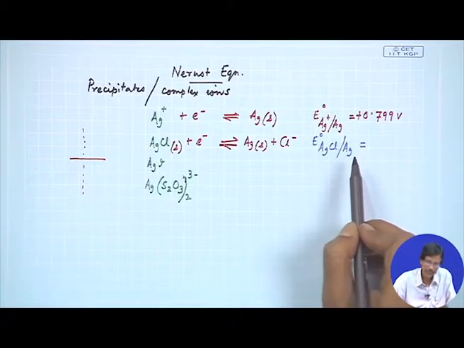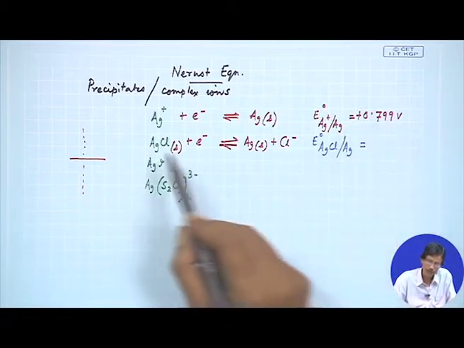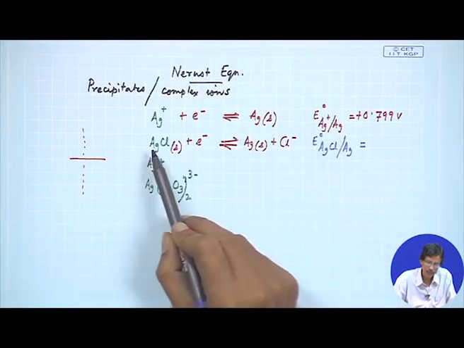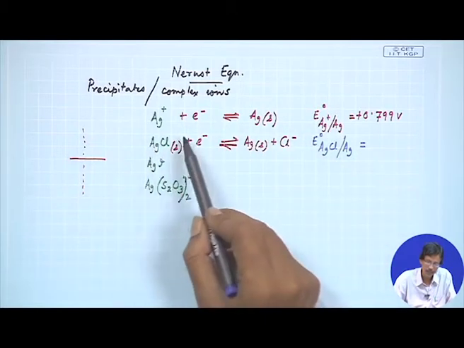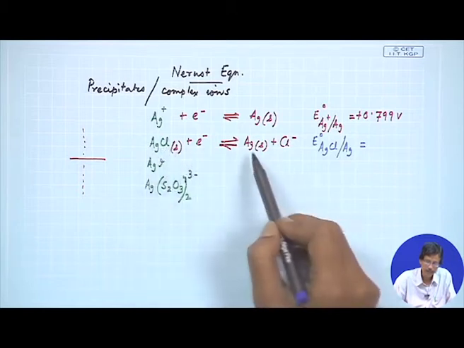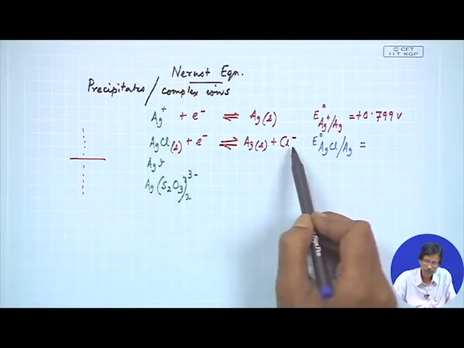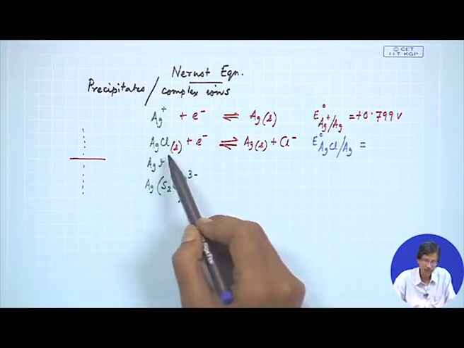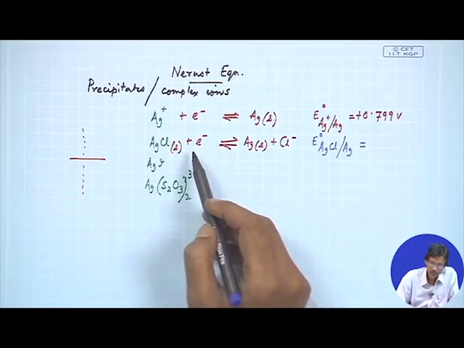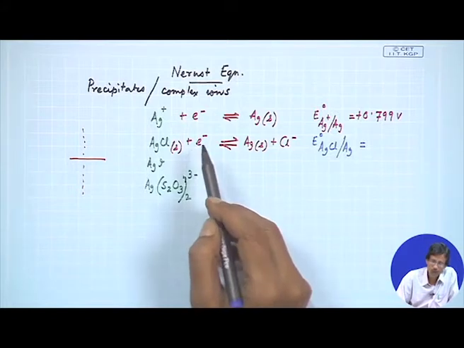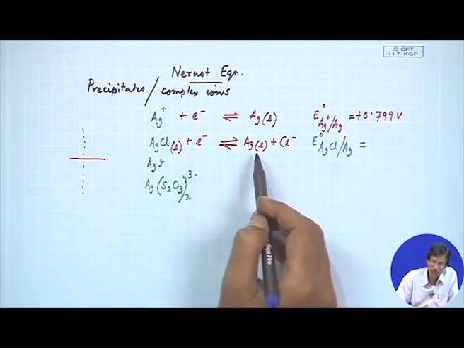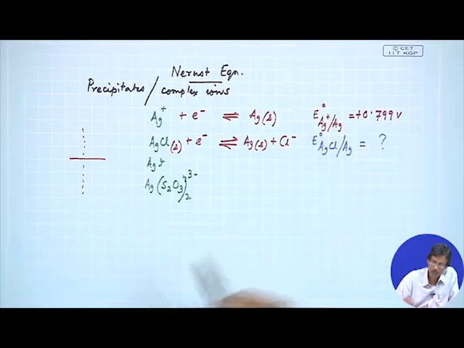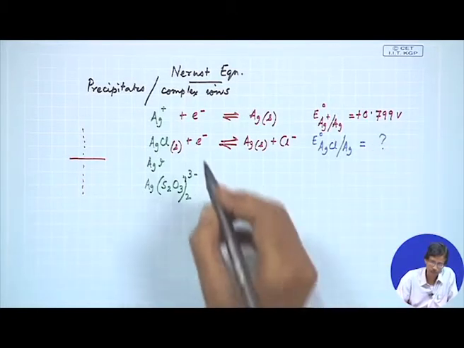As we have seen, this value is known, but with some manipulation of this particular equilibrium, we are handling something where silver solid can react with the chloride ion giving you silver chloride and electrode, or in a different way, silver chloride solid is reacting with electron from the electrode for its reduction to solid silver and the chloride ion. So, how do we know this particular magnitude of E0 value?